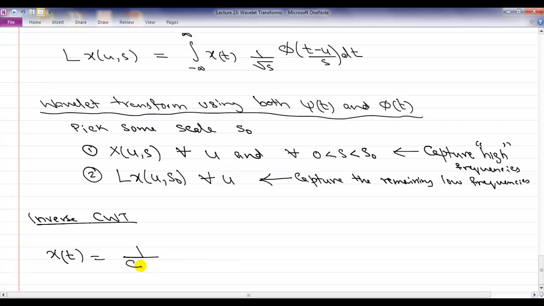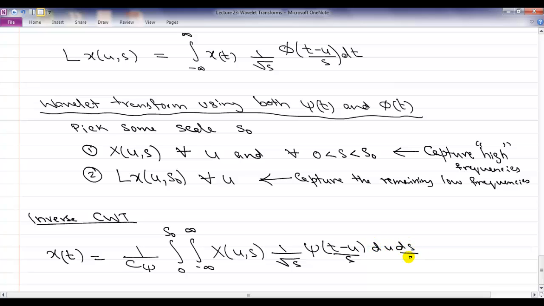The first will be exactly what we had before, but instead of the scale integral going from 0 to infinity, it will go from 0 to s naught. And then the integral from minus infinity to infinity of x of u s, 1 over square root of s, psi of (t minus u) over s, du ds over s squared.